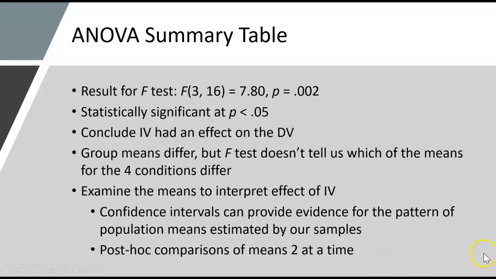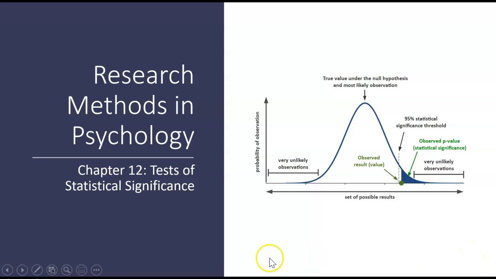Eventually, I do want to do post hoc comparisons where I'm doing pairs of means to compare the groups. And that discloses for you, among all of those groups, what are the differences that are driving the omnibus result. And that concludes part 3.